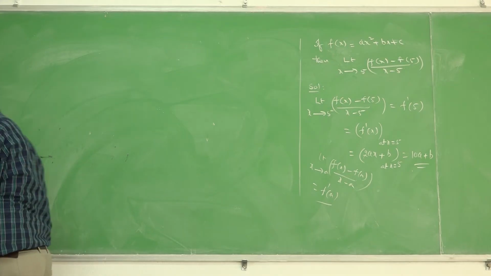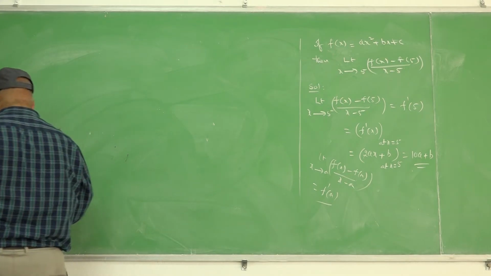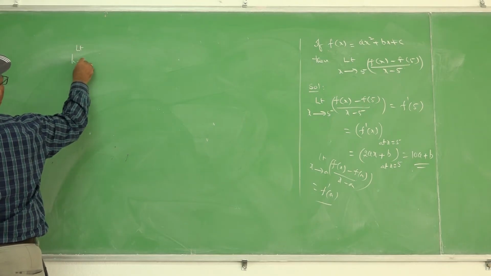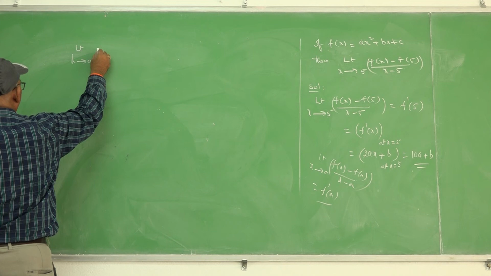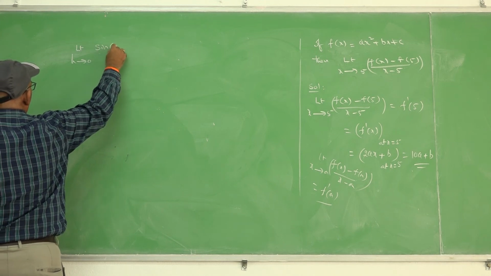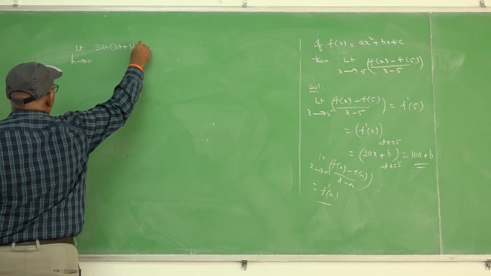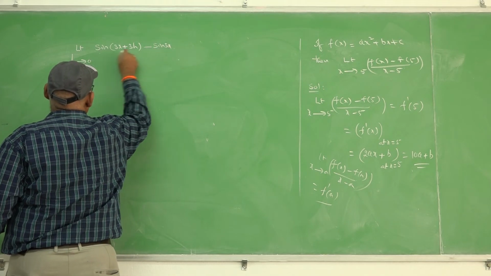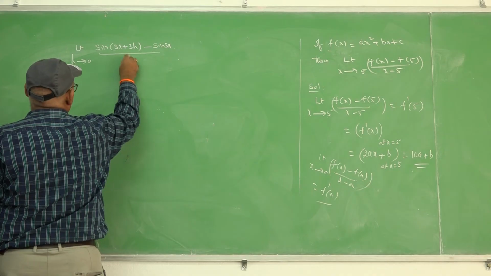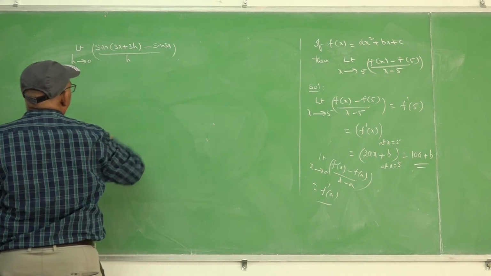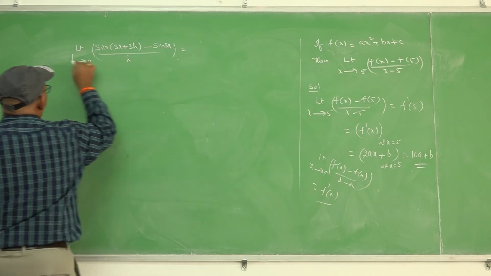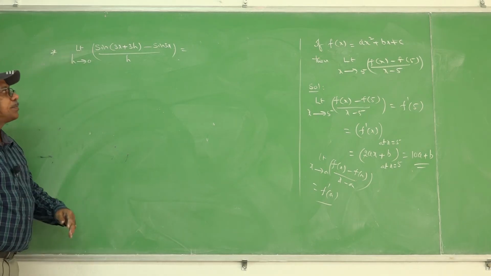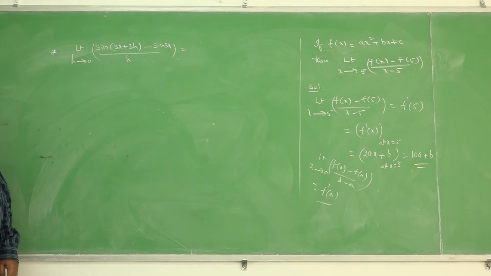Next one. Similarly, limit as h goes to 0 of sine of 3x plus 3h minus sine 3x by h.